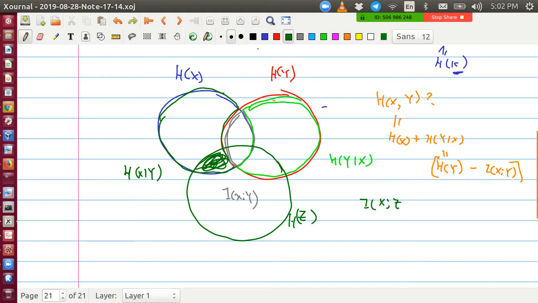This is a little bit more difficult, so maybe I start with simpler things first.